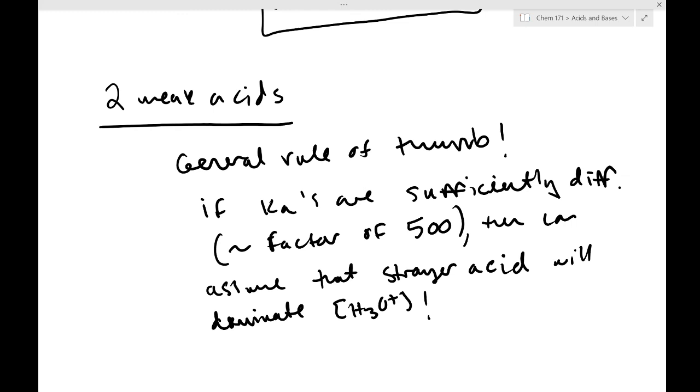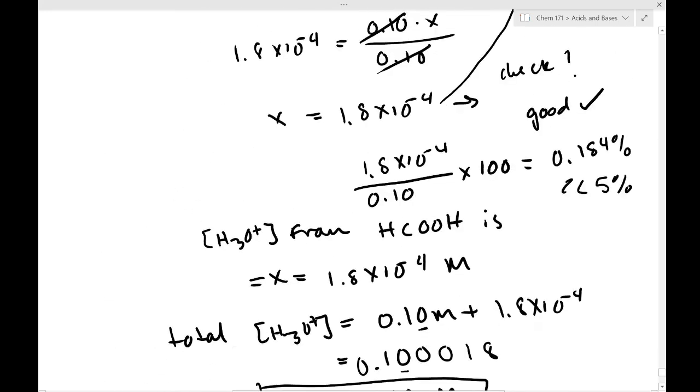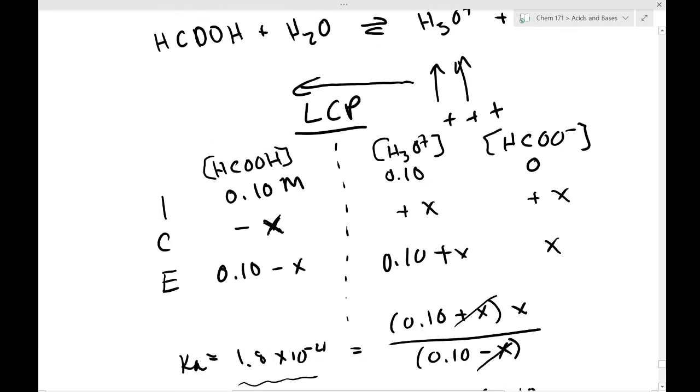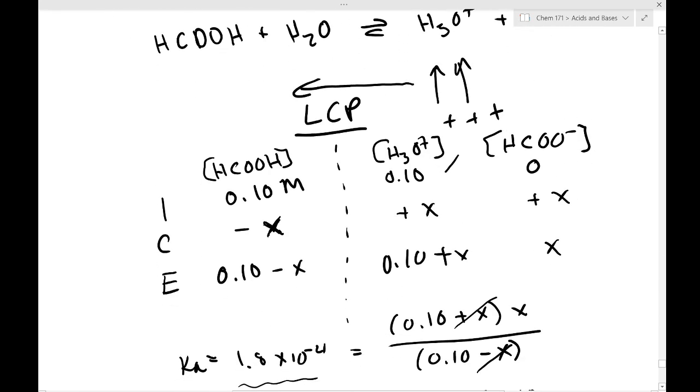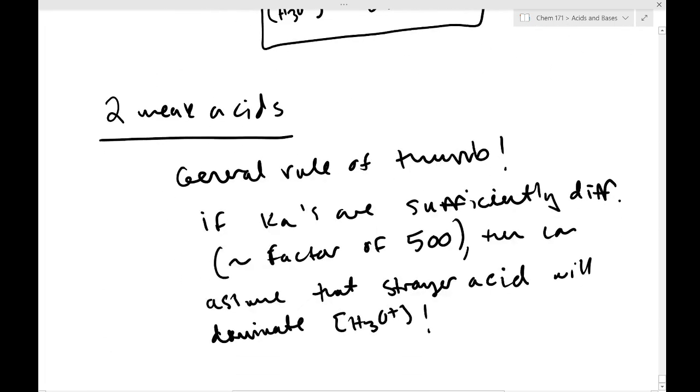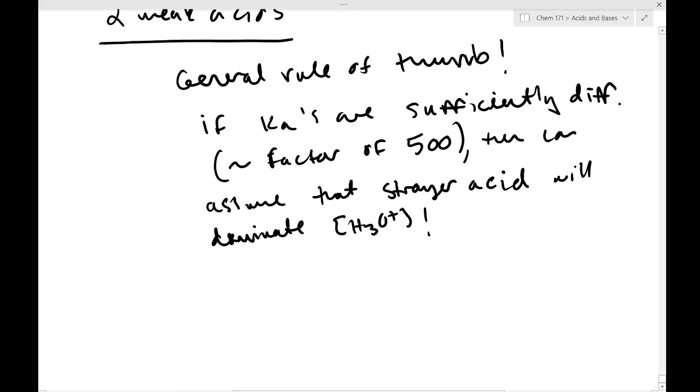Now, if they're not off by that amount, then you have to do exactly what we did above for the strong acid: take the stronger acid, calculate the concentration of H3O plus from it, and use that as the initial concentration for the weaker acid. Then you can solve for the final H3O plus concentration in that way.